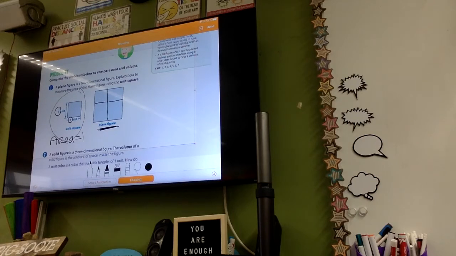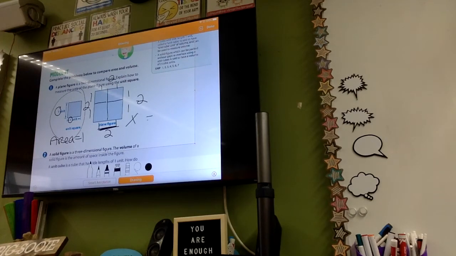Now, 4 of those will fit in here. Those aren't equal, but pretend they are. There's 4 of those in there. If each side is 1, what is this? 1 plus 1 is what? 2. Now if I do my area, 2 times 2 is what?